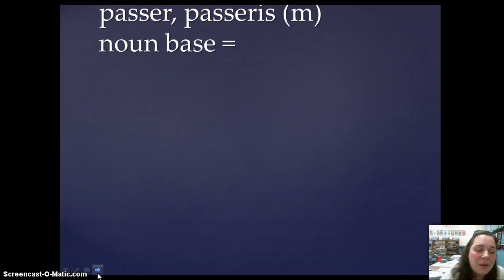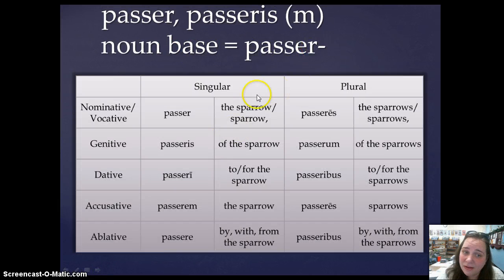Okay, the first paradigm or example that we're going to do is passer, passeris, which is a masculine noun that means sparrow. Remember, we get our base from taking the "is" ending off of the genitive form. That means our noun base, of course, is passer. So this first form here, passer, the first form in the dictionary entry, is our nominative singular.